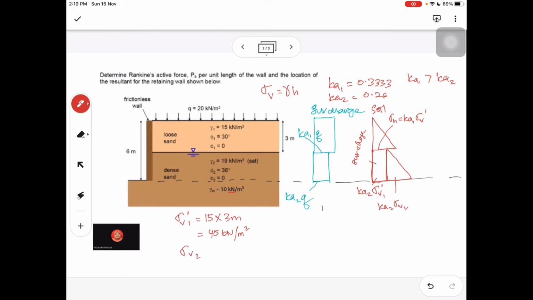Sigma V2 is equal to, because this is a saturated soil, the soil is submerged under the groundwater level.